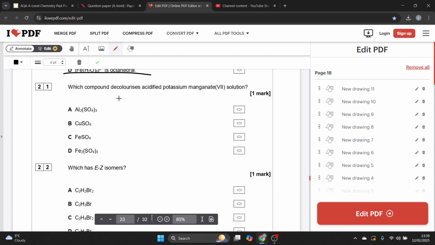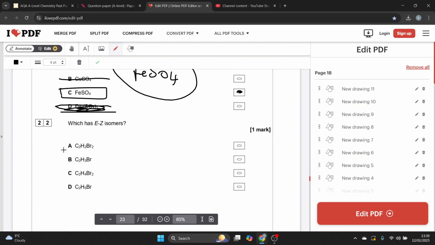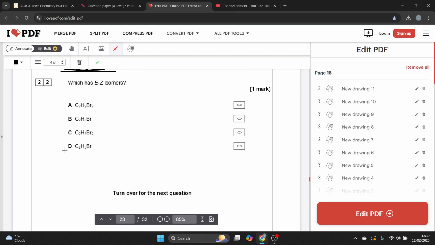It's going to be FeSO4 then. FeSO4. So therefore C is the correct answer. Definitely not that one, definitely not that one, definitely not that one. Question 22, which one has EZ isomers?